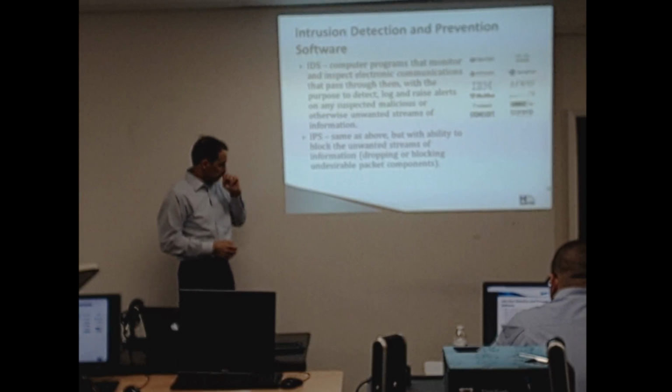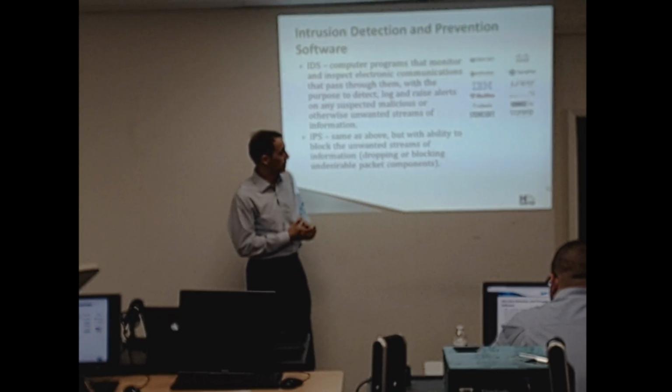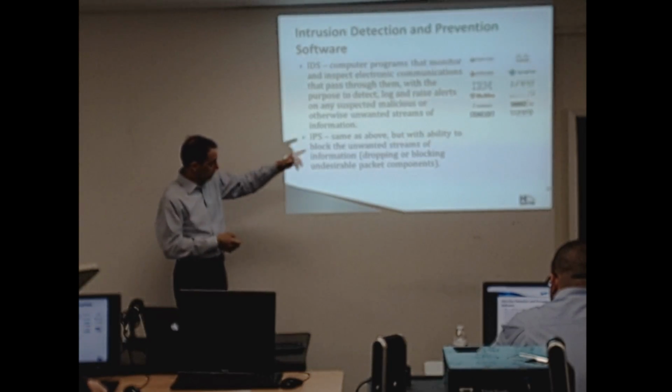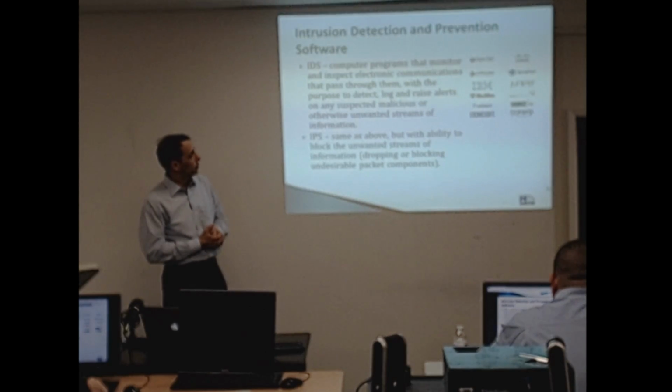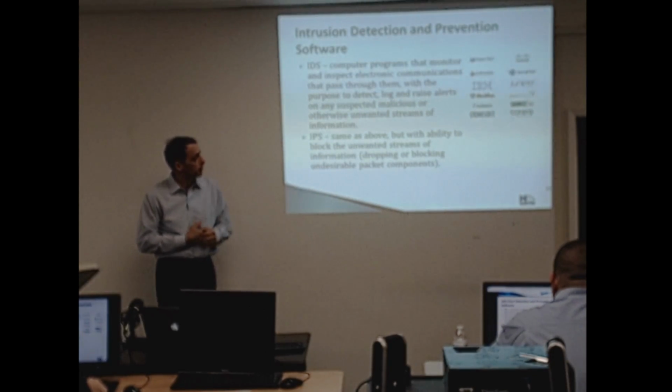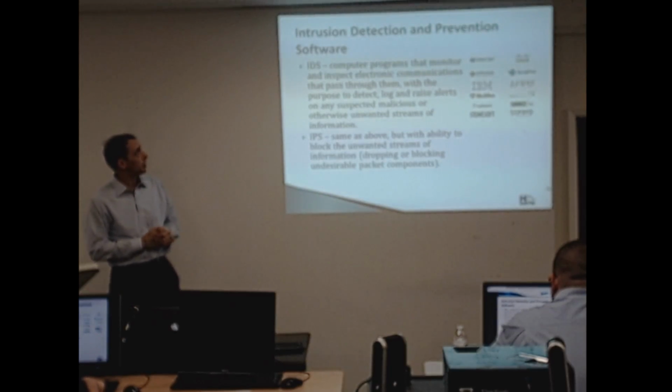It can also block packet components. So the major companies that create this software are on the right of the slide here. Again, usual suspects like Check Point, Cisco, and others: Juniper, IBM, McAfee, and so forth. So these companies generate IDS and IPS solutions.